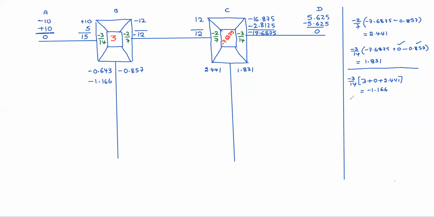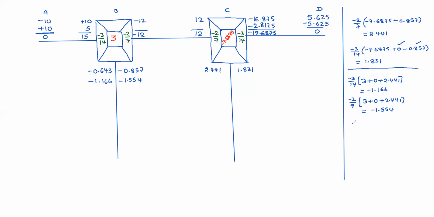Similarly, minus 2 by 7 into fixed moment sum 3, plus from A end nothing, 0, and from C end the rotation contribution 2.441, which is equal to minus 1.554.